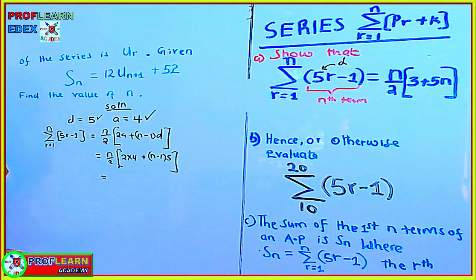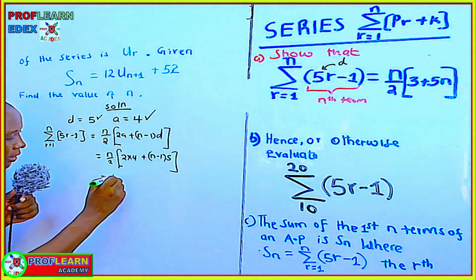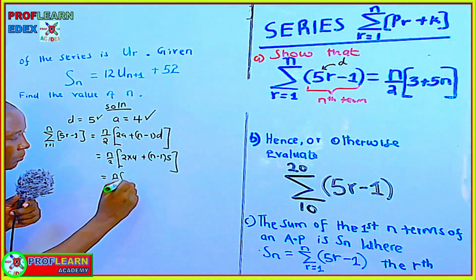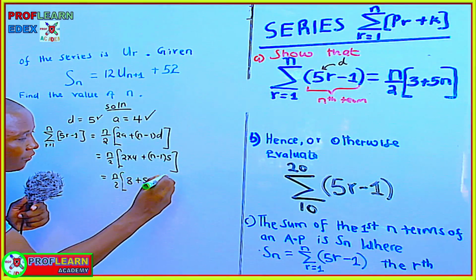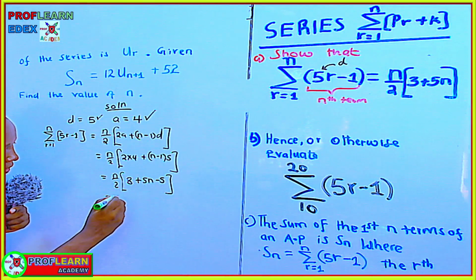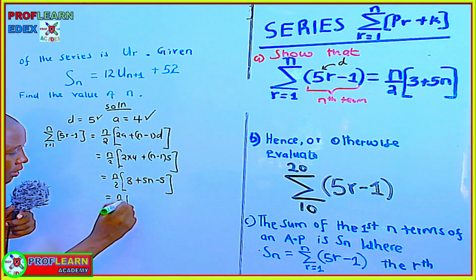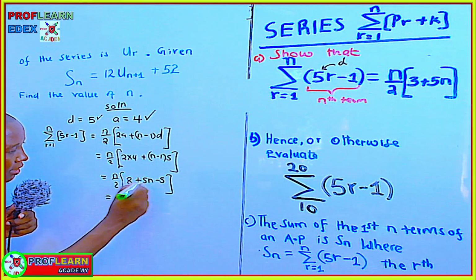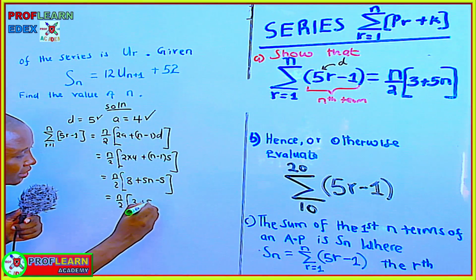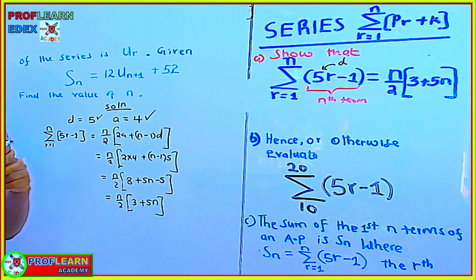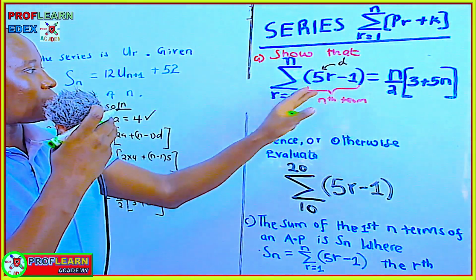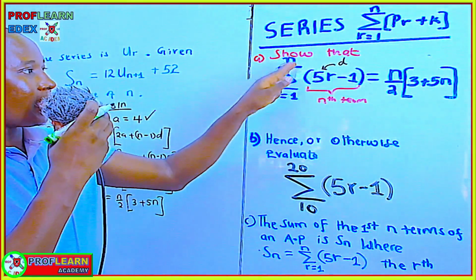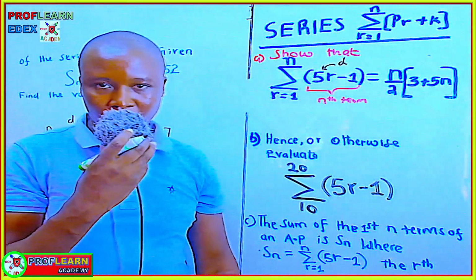This translates to n over 2 into bracket 8 plus 5n minus 5. And you can see that it's n over 2 into bracket 8 minus 5, which is 3 plus 5n. Now, we have proven that indeed the summation of 5r minus 1 from r equals 1 to n is given by this expression.